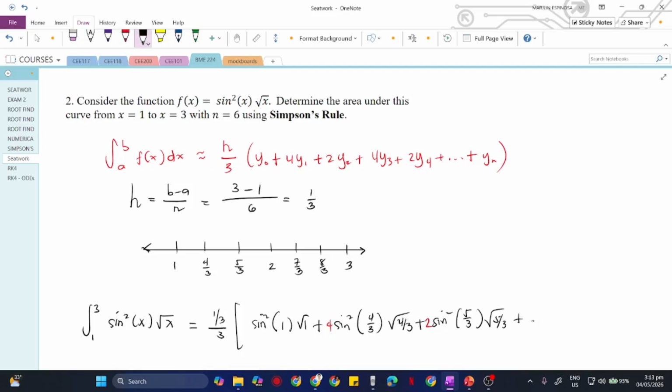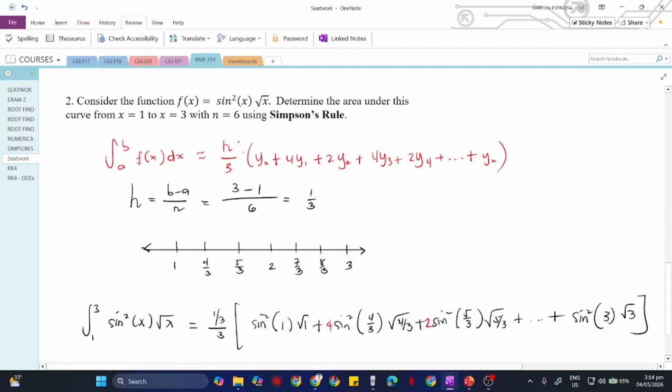So, gawin na natin plus plus plus until sine squared 3, square root of 3. Okay? Para di masyadong mahaba.